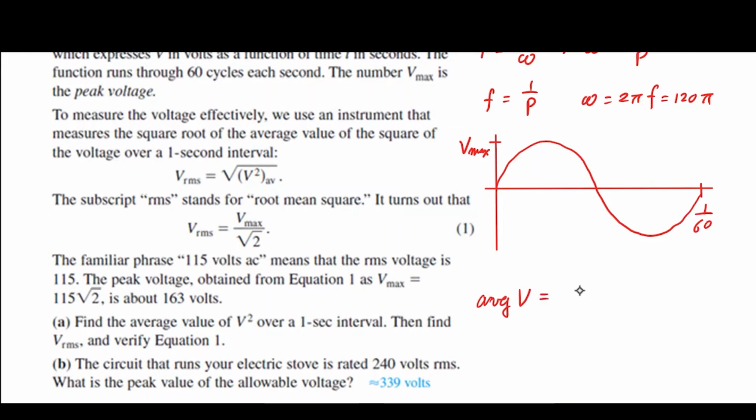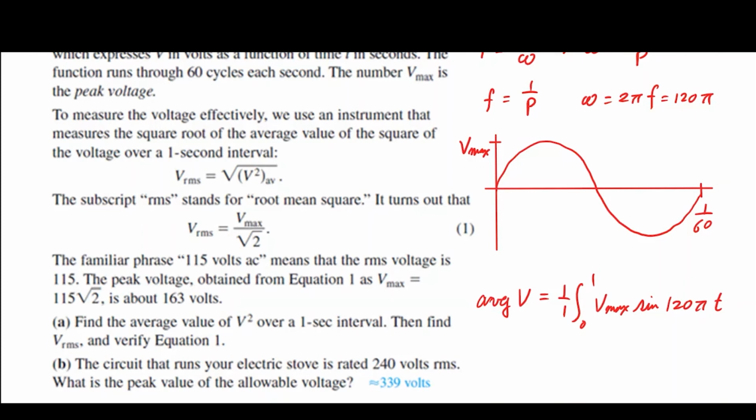We do it like this: integral from 0 to 1, of Vmax sine of omega t, which is 120 pi t, and then we divide that by 1.